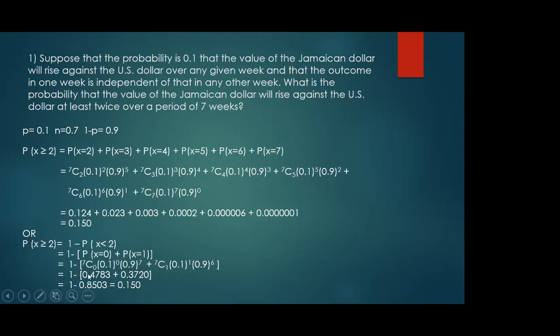And we get 0.4783 plus 0.3720. When you add that, you get 0.8503, which is 1 minus 0.8503, and we get 0.15, which was way easier.